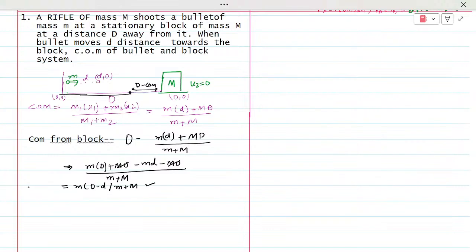This is the center of mass distance from the block, means capital M. So I want to check, I'm pausing this.